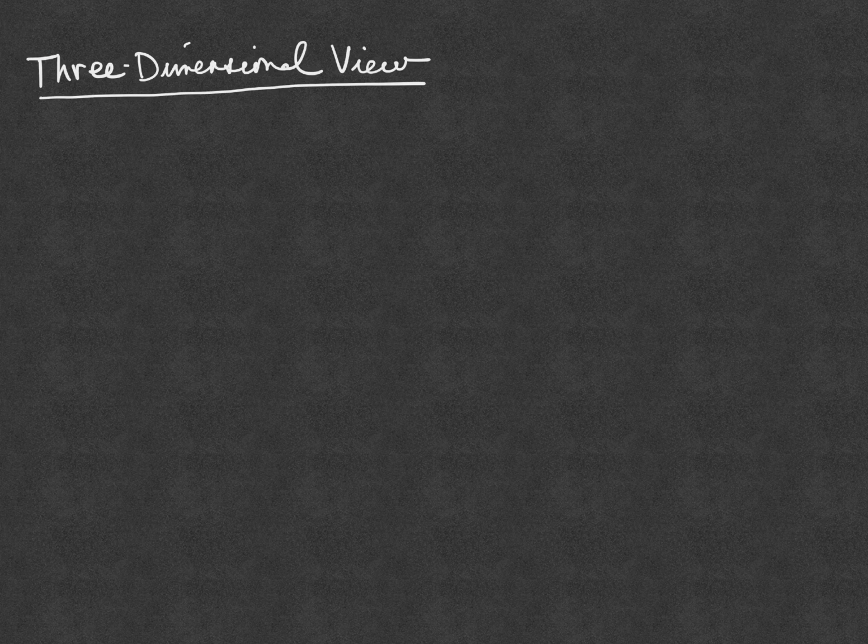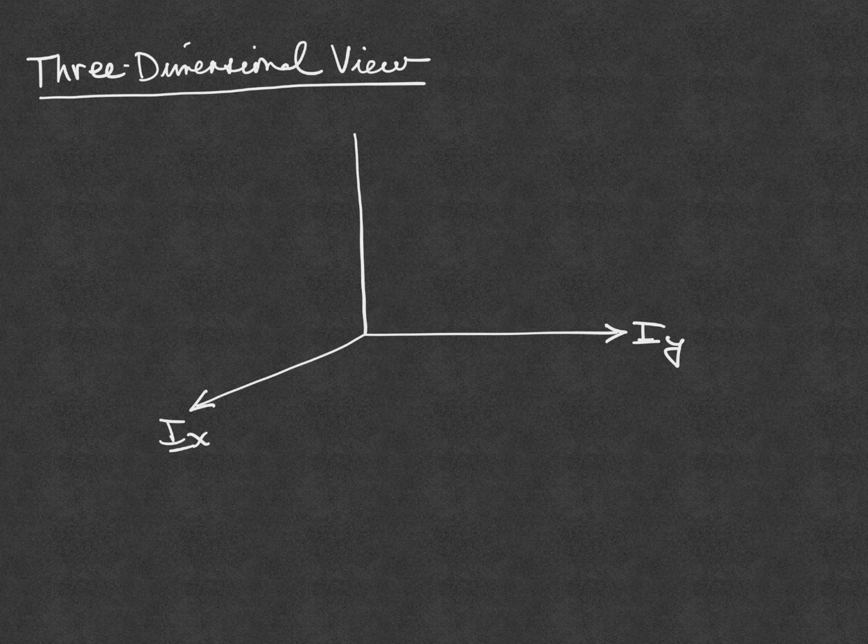So in this three-dimensional view, we have the basis Ix, Iy, Iz. We have this point O, which is the location of the central body. And then we have the orbit.